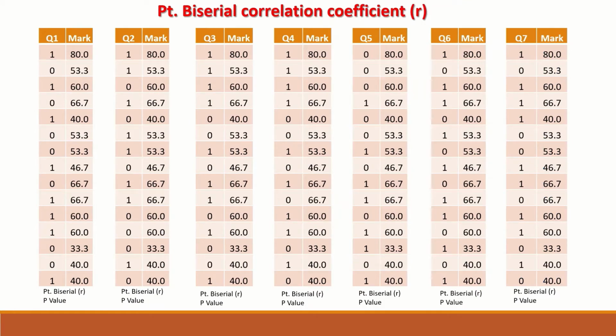To calculate the R, which is the coefficient, or to execute the point-biserial correlation statistical test, take every question with its values and scores 0, 1 and correlate that with the total mark for the whole students. And we do this for every question or every item to generate a specific R value for each question and a P value for that question. This is how it is done in a statistical package or software.